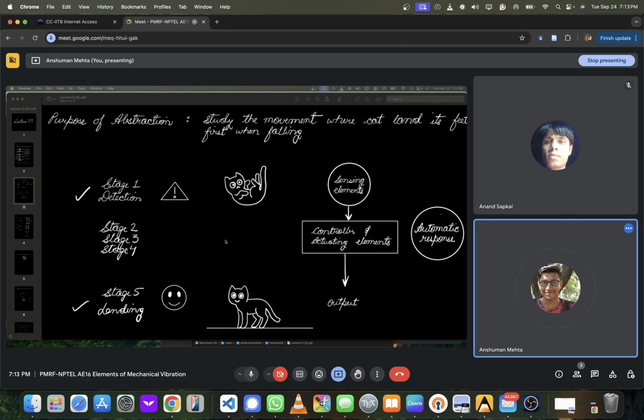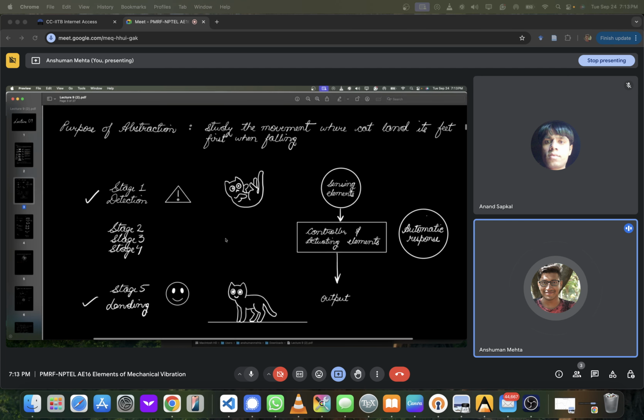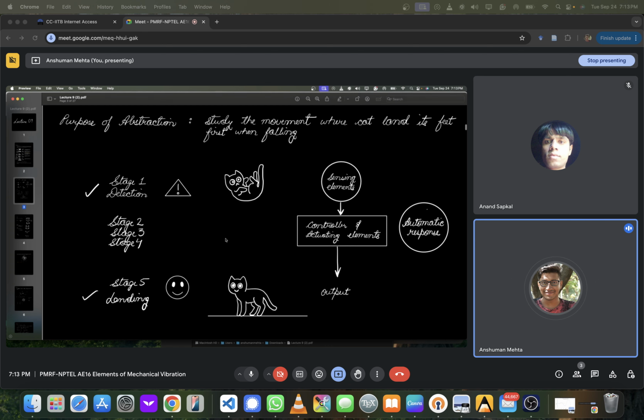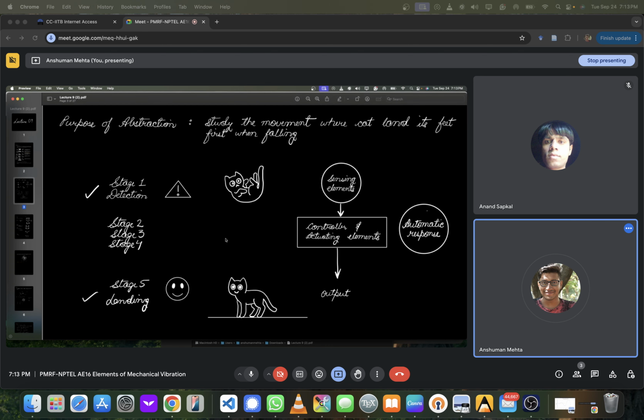A very simple sensor, I will just give you an example. You put jam on a bread, tie it on the cat's back, and just leave the cat like this.